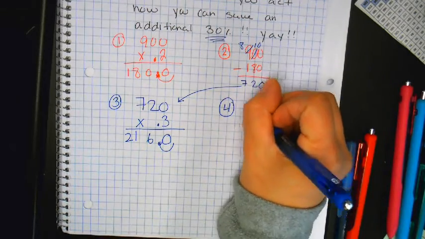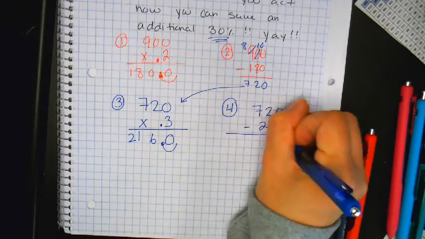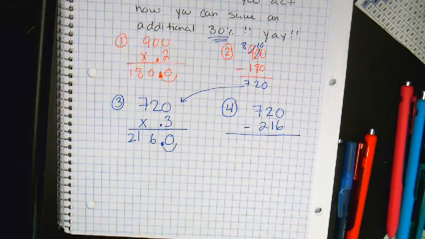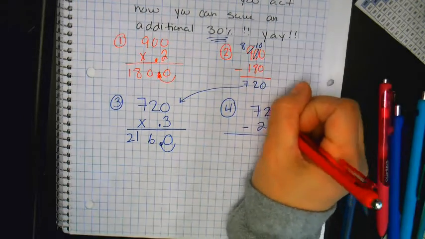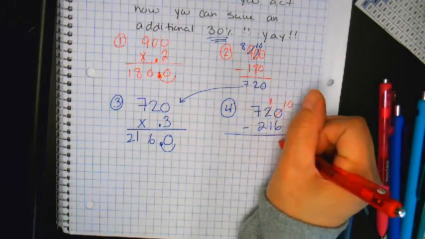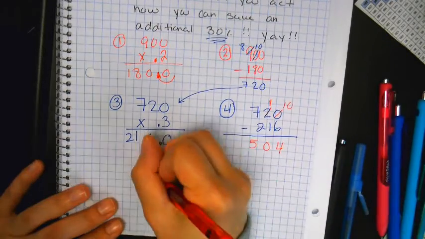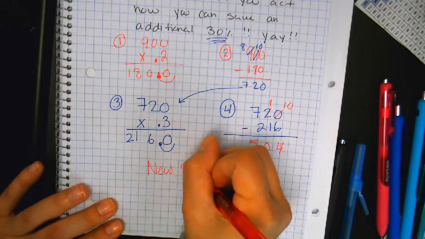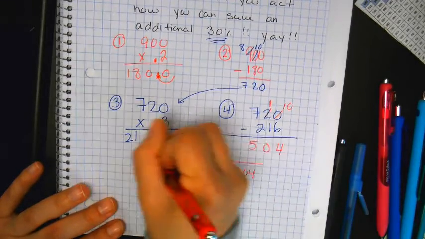Subtract. So your new price for the iPhone 9, because it's an old version, is $504.